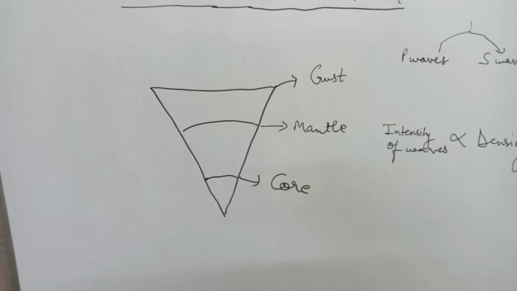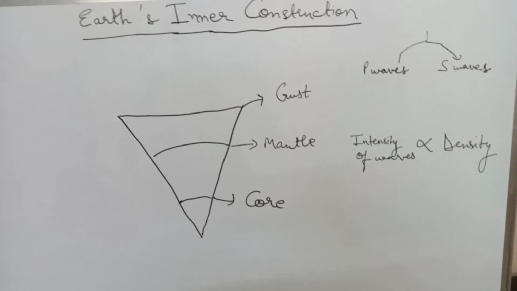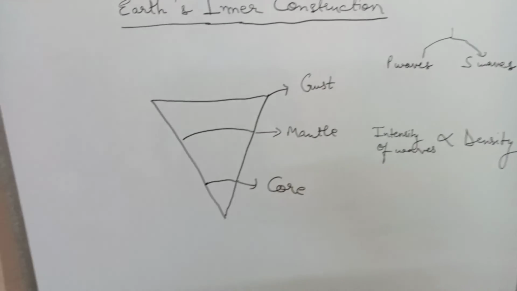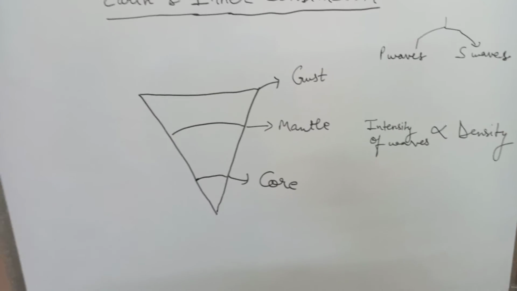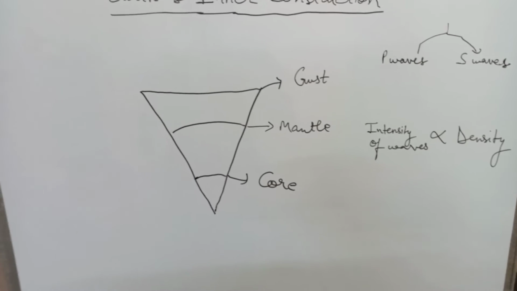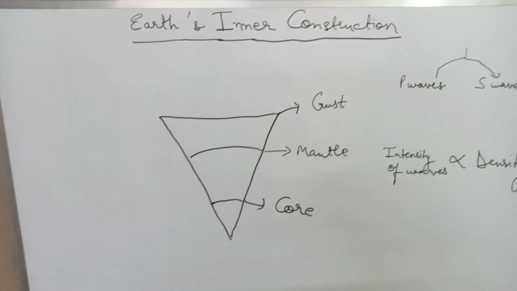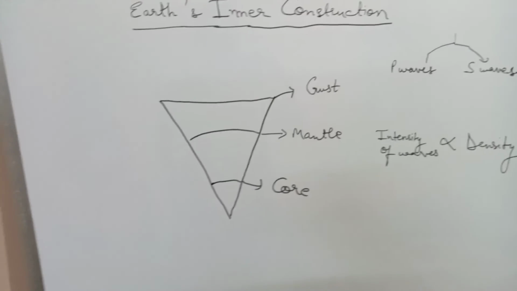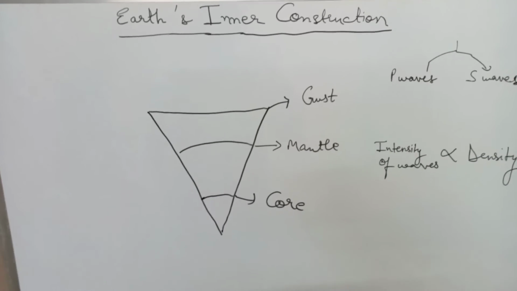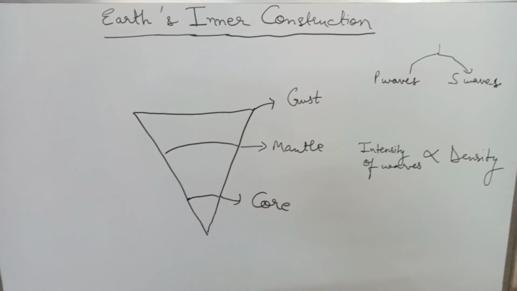In short form, for remembering, SIAL and SIMA. The first one is Sial, silicon and aluminum, for the crust. The next one is the mantle, which we can refer to as Sima, that is silicon and magnesium. And the core part has an abundance of iron and other elements, copper, etc.